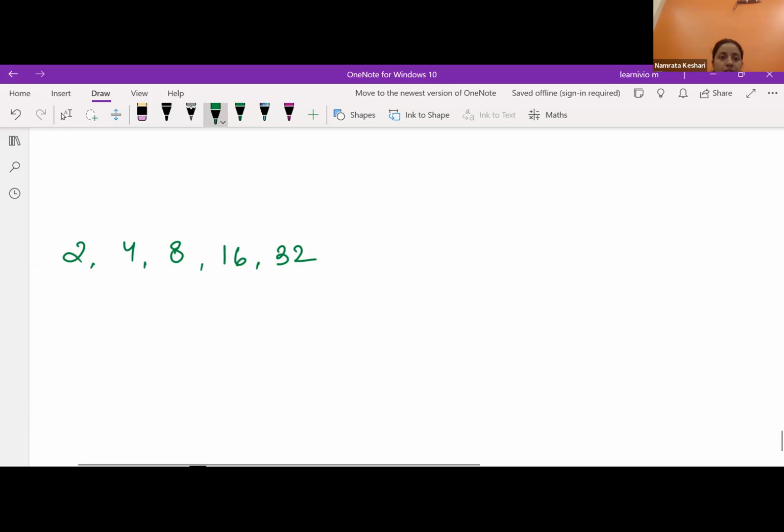Here also we will call the first term a small letter A, just A. The next term you got by multiplication of 2, and the next by multiplication of 2 again, and what we get as the common ratio is R. When we find R, second term by first term, that is 2 is to 1, which can also be written as just 2.